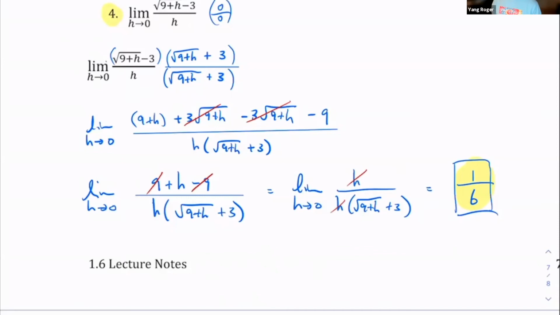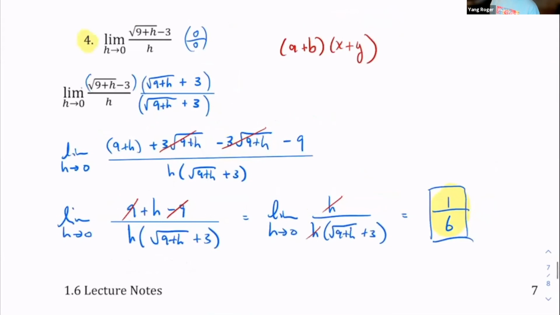Do you know how to simplify a plus b times x plus y? There's this thing you FOIL, right? You've got to distribute. So it's first, outside, inside, last. Oh, okay, I get it now.